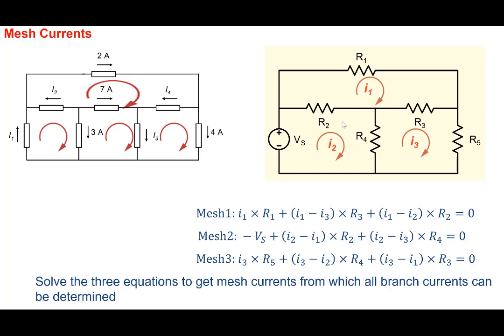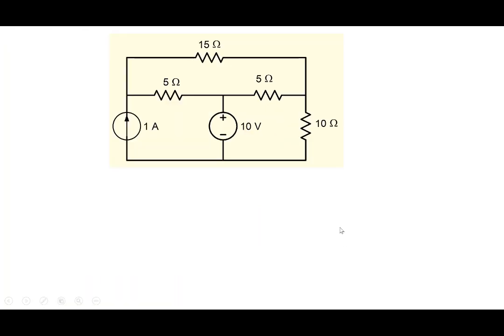And you want the voltages anywhere? Well, if you know all the currents in the branches, you apply Ohm's law here, and you can get all the voltages as well. So again, a very general method, but it works on the basis of identifying meshes, associating mesh currents, applying KVL, and then solving the equations. So let's look at this example.